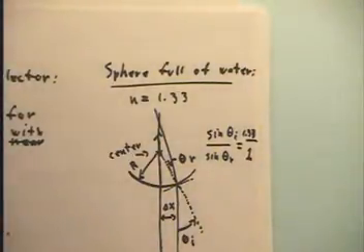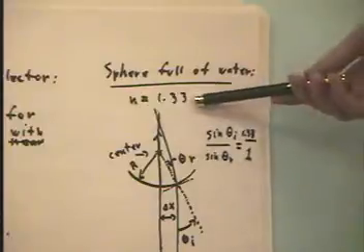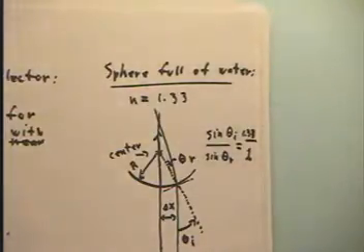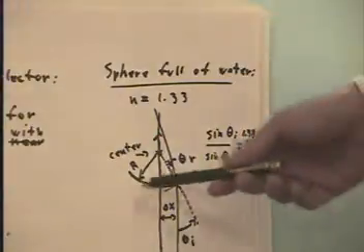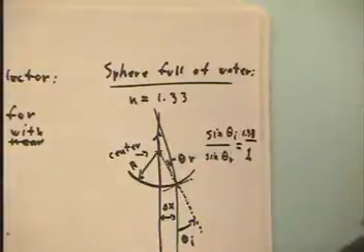Okay, so we have a sphere full of water. The water has an index of refraction about 1.33. I think maybe it's closer to 1.34. But this depicts the sphere with a center right here.